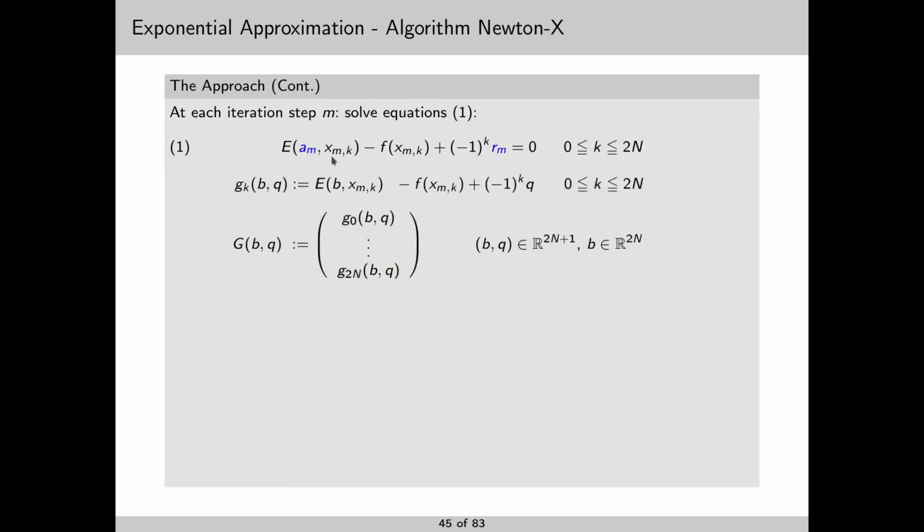This is where the Newton algorithm comes into the game. With these definitions of function gk and the vector valued function capital G with 2n+1 unknowns b and q, a solution of system 1 is a zero of function capital G. To determine the zero of function capital G, the Newton algorithm is applied.